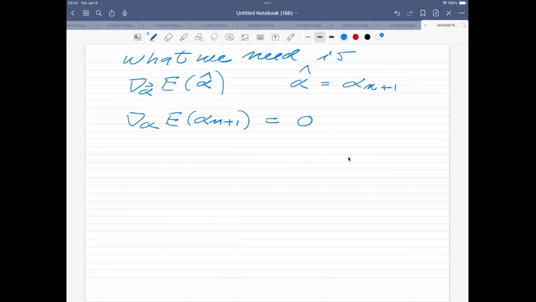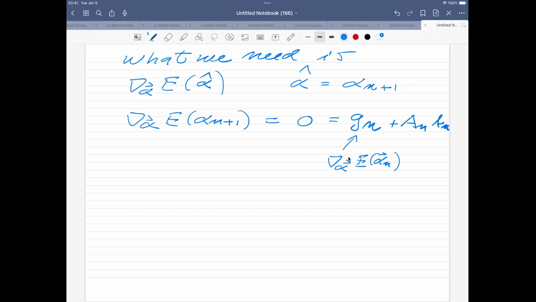And if I look at the equations which I had, this is going to be given by my gradient, evaluated at iteration n. So this is the same as the gradient with respect to alpha of E at alpha n, plus this quantity which I call A of n times this B of n.